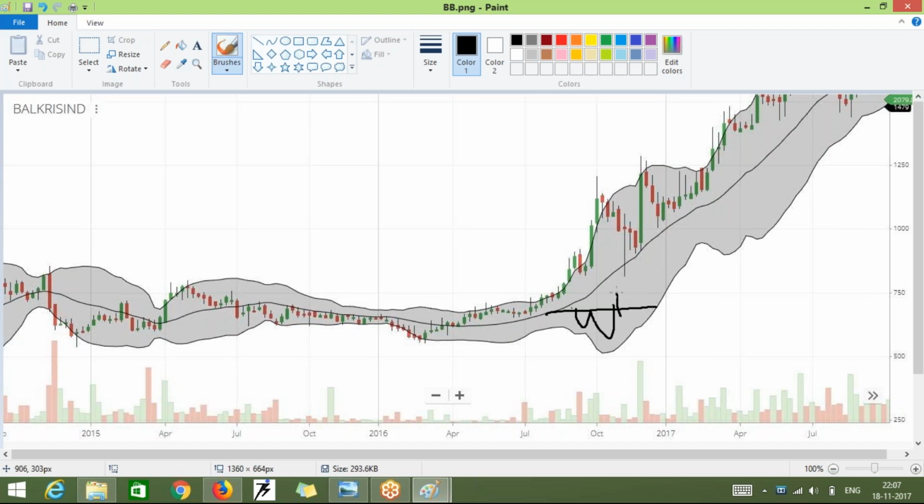If you are a pro trader, you can place your order from this level when it started breaking this level. But if you wait, it can give you a proper signal after the mean line, the 20 SMA, the middle line of Bollinger Band, is crossed.